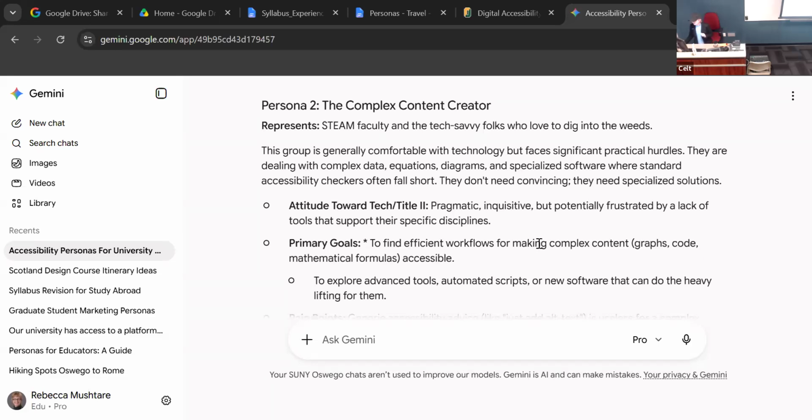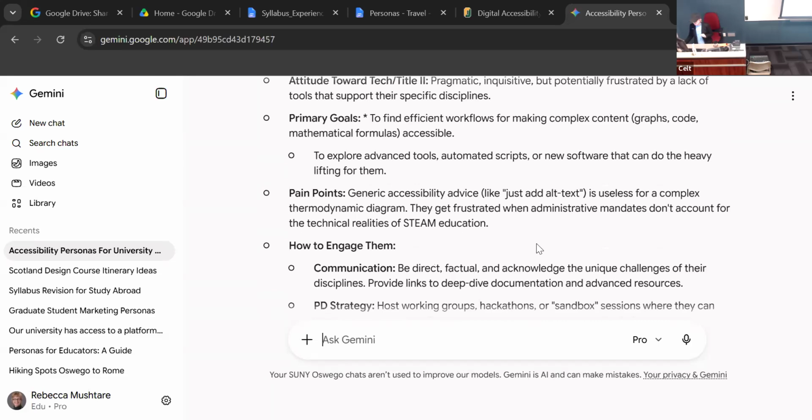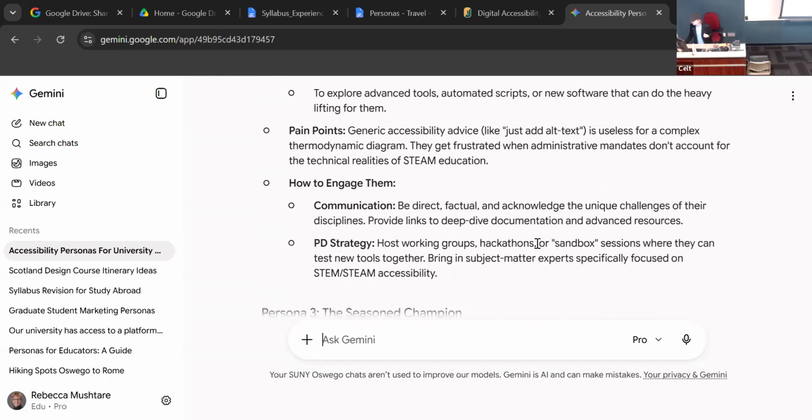Primary goals, to find efficient workflows, explore advanced tools, etc. Pain points, generic advice that doesn't feel like it applies to them, right? And ways to engage: direct, factual, acknowledge unique challenges, provide deep dive documentation and advanced resources. Professional development strategy, maybe working groups, hackathons, sandbox type stuff, right? So you can see that the strategies might be really different.